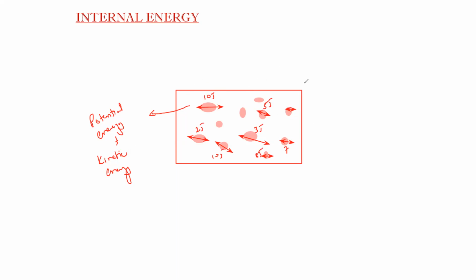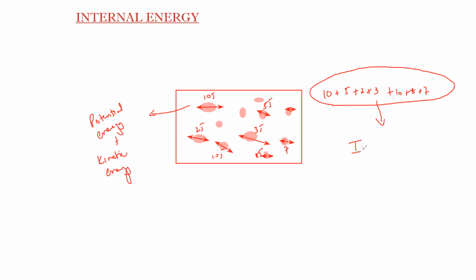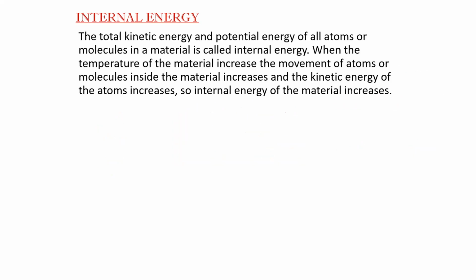When we sum the energies of the particles, 10 plus 5 plus 2 plus 3 plus 10 plus 8 plus 7, the result, the addition of all the energy of the particles, is what we call internal energy. So the total kinetic and potential energy of all atoms or molecules in the material is internal energy.